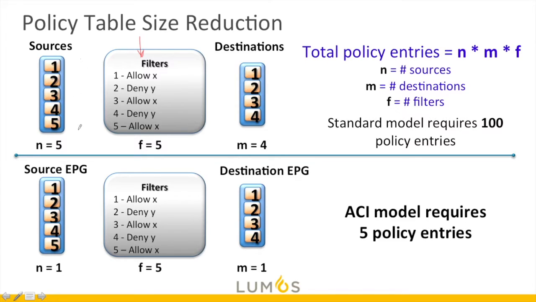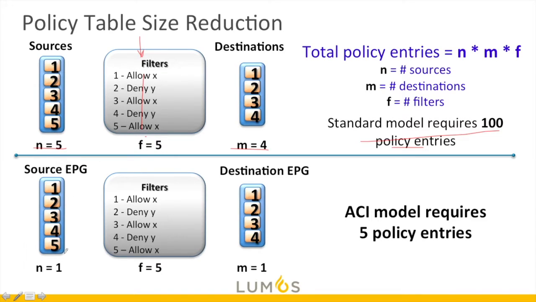So we have 5 filters, 5 sources, and 5 destinations. 5 times 5 is 25, and 25 times 4 is 100. So this is going to require 100 policy entries. That means 100 entries in our forwarding table space, in our ACLs or CAM tables, TCAM, whatever. We're going to require 100 entries out of that.